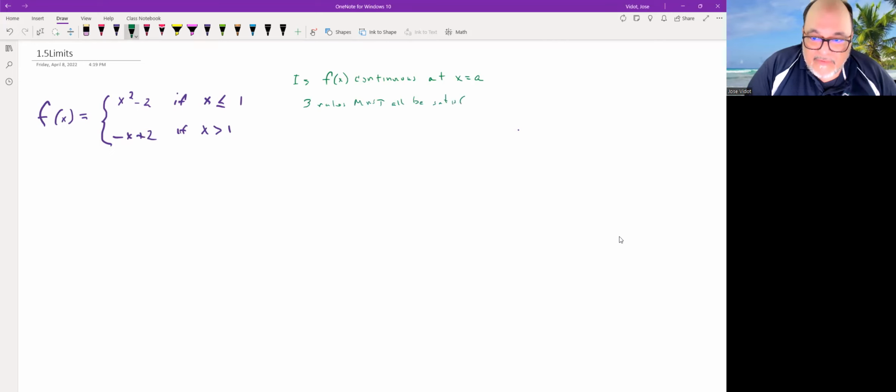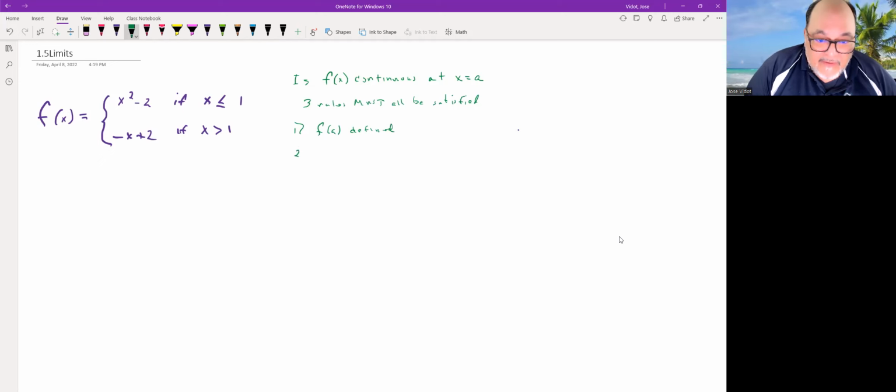And the first rule is that f of a is defined. So I'm going to call it 1. f of a is defined. In other words, you're not going to get something weird like a 0 in the denominator or something like that.